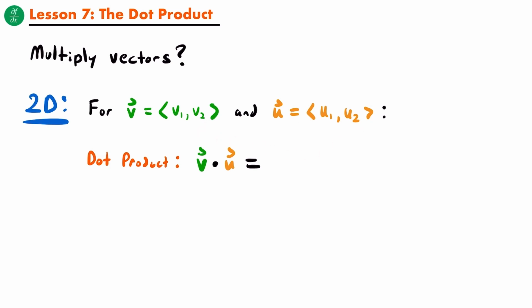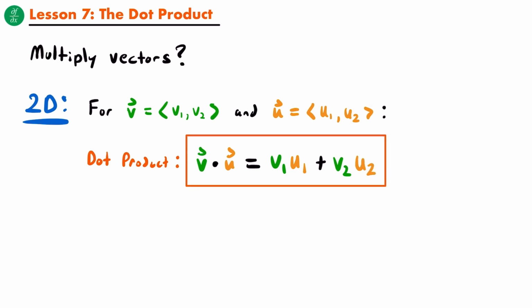And so that looks like this. We'll have v1 times u1, and we'll be adding that to v2 times u2. That's going to be the dot product for vectors in 2D. We multiply the x components of our vectors together and add that to the y components of the vectors multiplied together. It's really not too complicated of an operation.